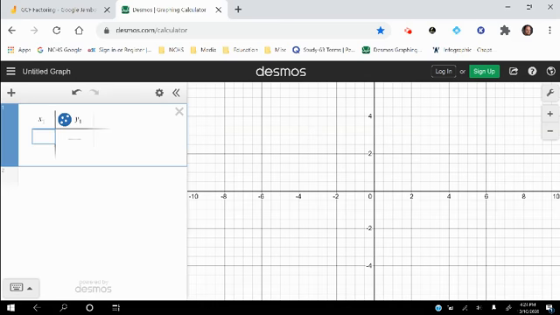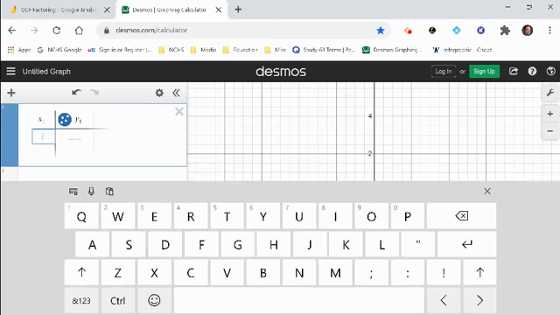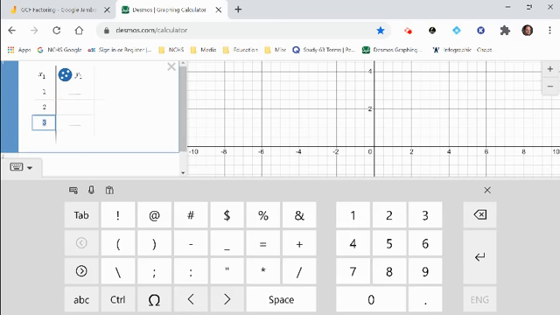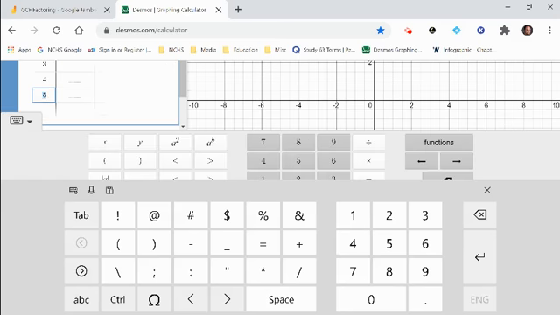Now, in the X column, I'm going to type in numbers to try. So I'm going to use the online keyboard. So that's a 1, and then enter, 2, 3, 4, 5, 6, 7, and 8. Let's just go to 8 for now.